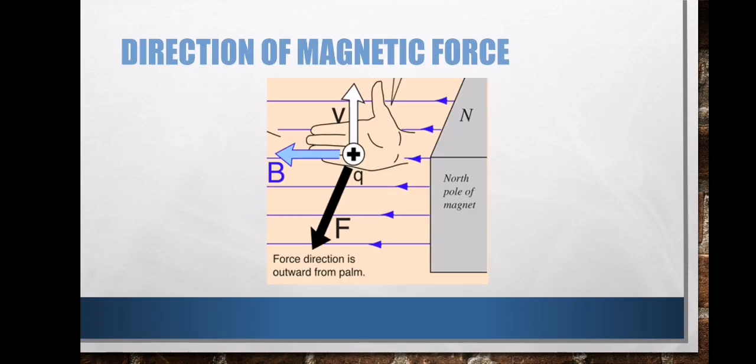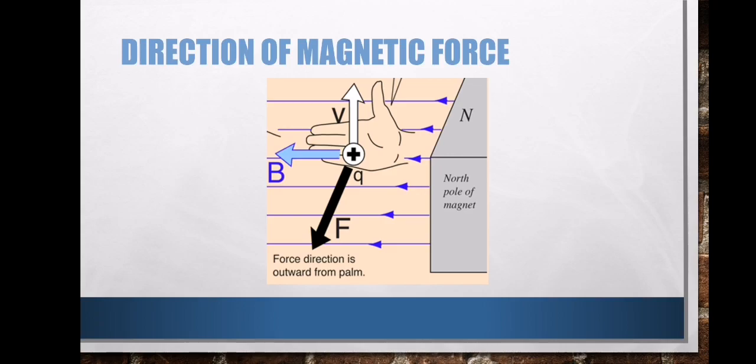Now, at this point, we will learn how to identify the direction of the magnetic force. To find the direction of the magnetic force, physicists developed a rule called the right-hand rule. Imagine that your right hand is what is depicted on the illustration.